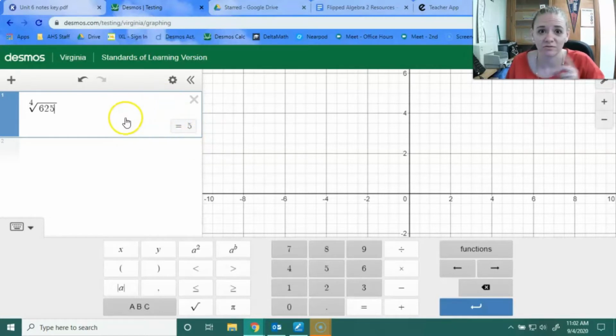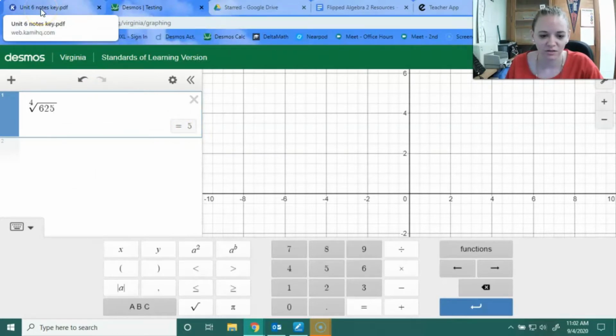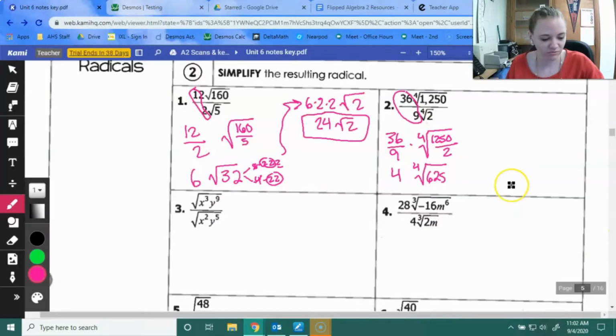And now I know I don't have to do the division one, the 625 divided by x to the 4th. I don't have to do that. You only do that when you get a decimal, okay? So we just checked to see if it simplified right out, and so it gave me 5. So all of this right here can change to a 5, so that gives me 4 times 5, which is 20.